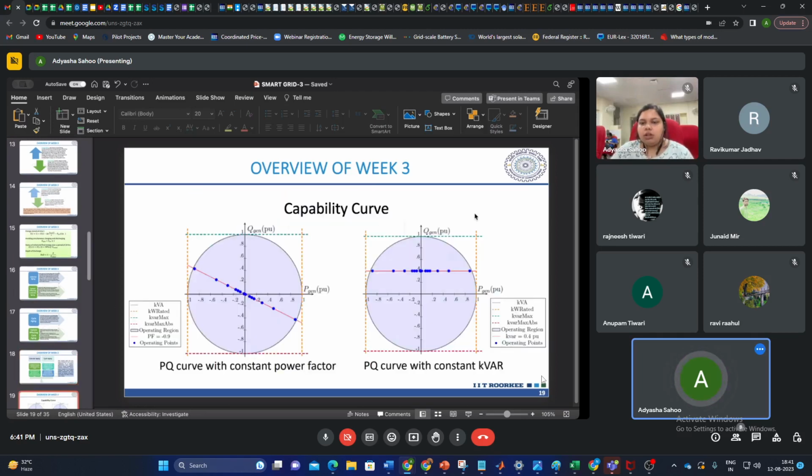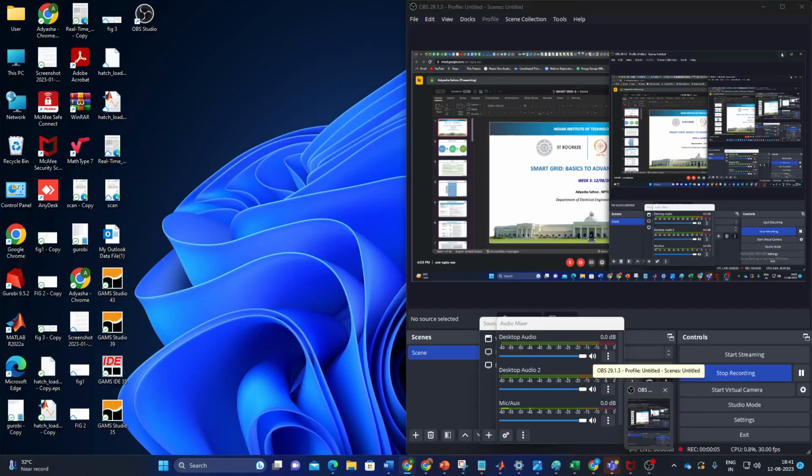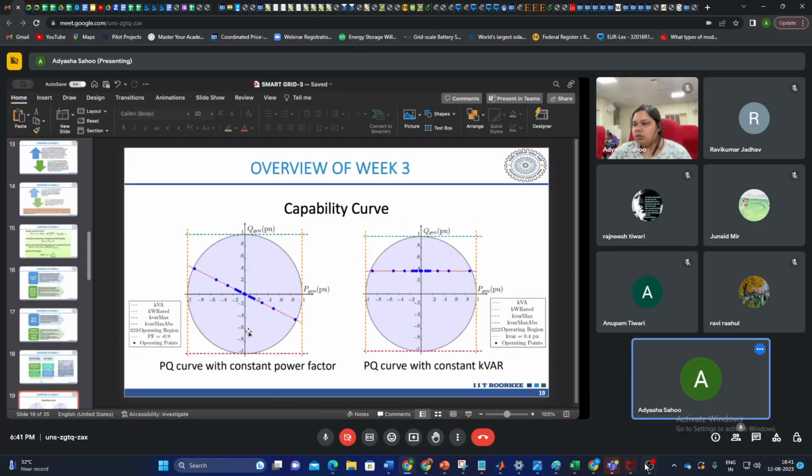Then we saw the capability curve. Will anyone like to say something about the first type of capability curve here? So we have two, I think, trajectories that are being followed here.